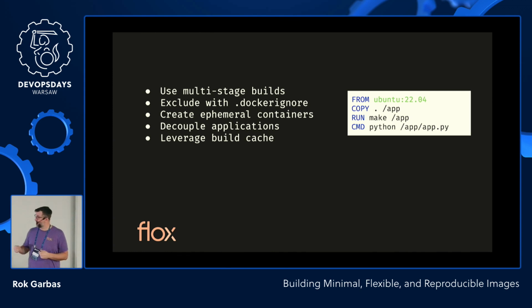And you can quite quickly shoot yourself in the foot. I think that's the expression, right? Where you ignore a bit too much, the Docker image is not going to be rebuilt. You decouple your application and you forgot to include some runtime dependencies. Well, you're going to know when you're trying to run it, hopefully not in production.